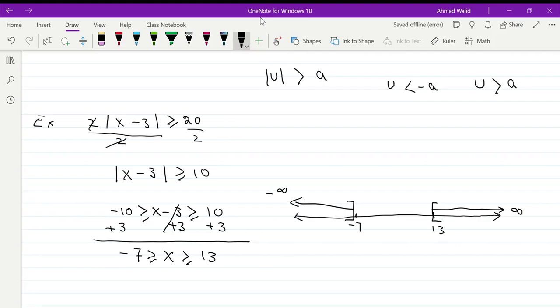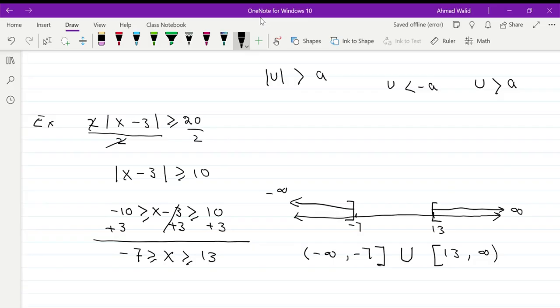Final answer, negative infinity, comma, negative 7, bracket, here bracket 13, comma, infinity. Join these two answers with each other, make a union, put the union sign in between. Correct? This is what we call absolute value inequalities. Correct?